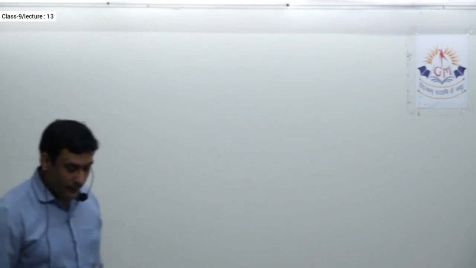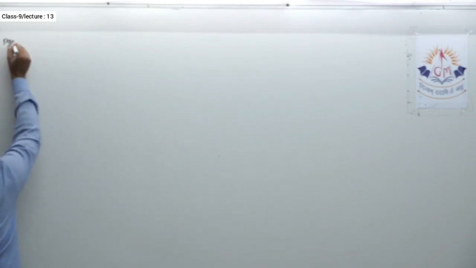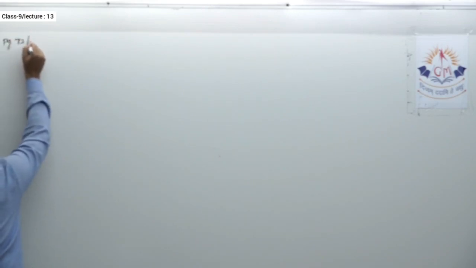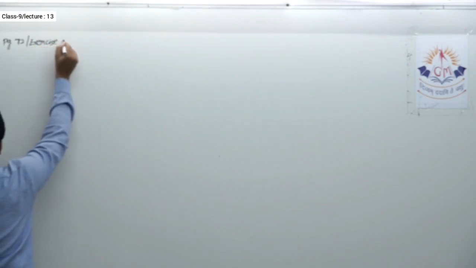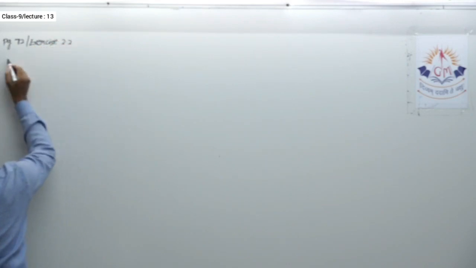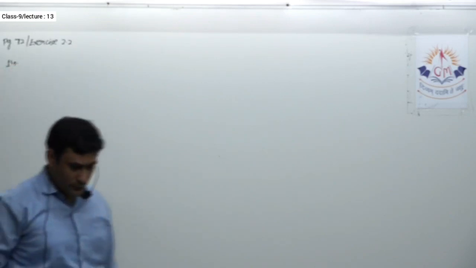Find the simplified value of, or simplify, it is on page number 72. Exercise 2.2, question number 14. That is the first question of this lecture.